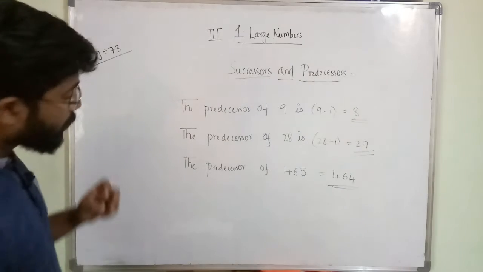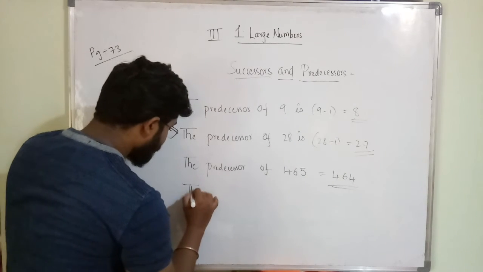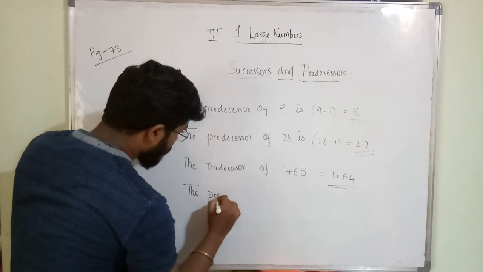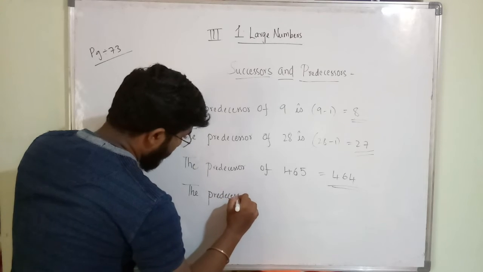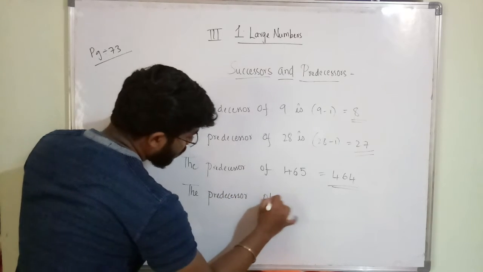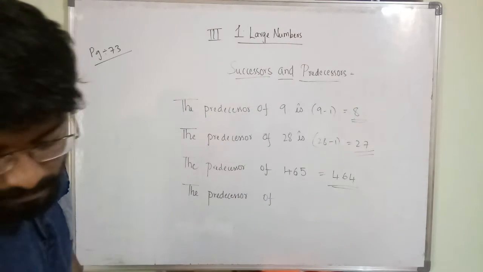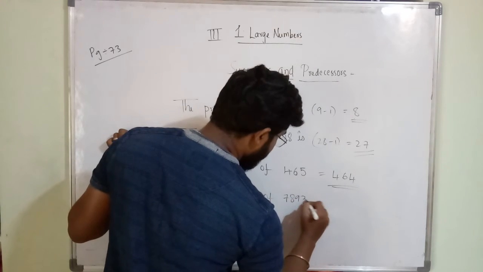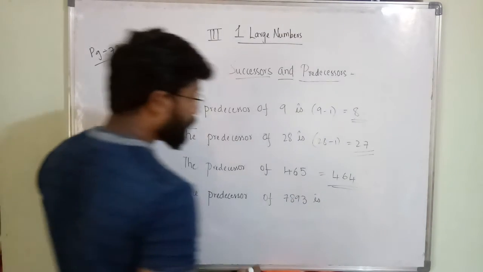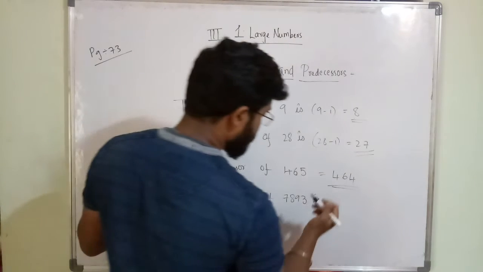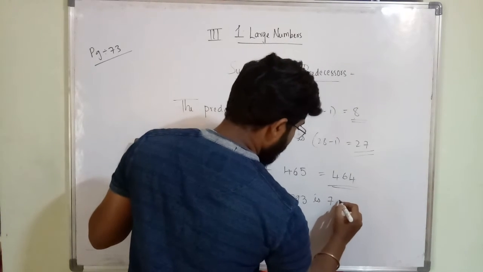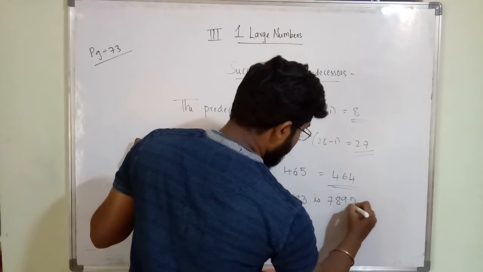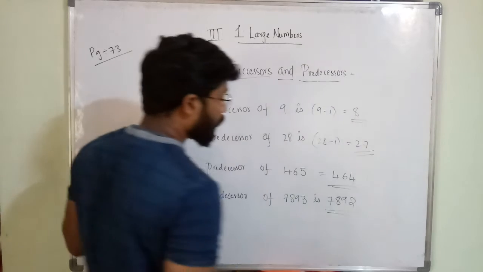Okay, the predecessor of 7893 is what? 7892. How am I doing it?